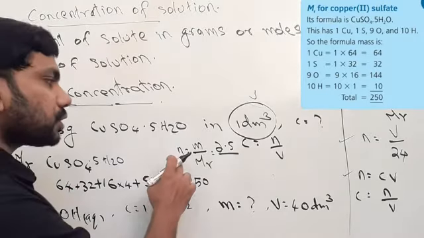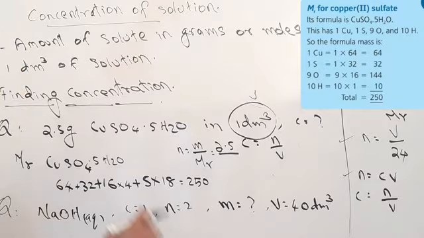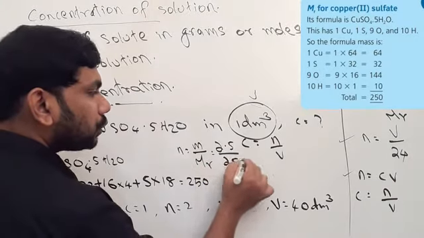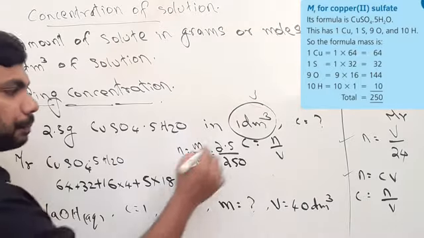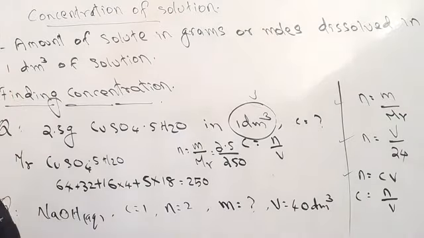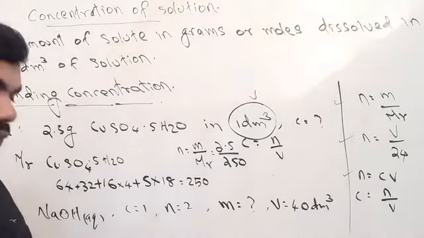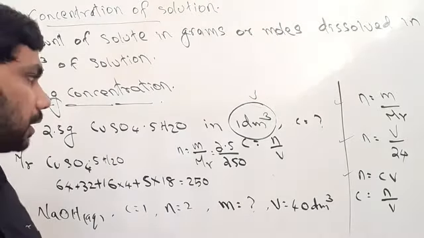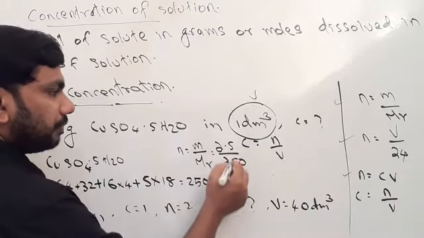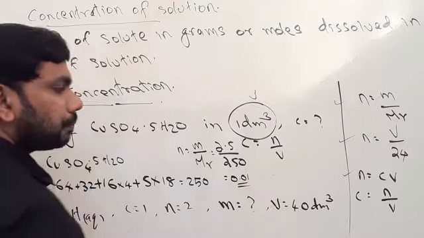So the number of moles of hydrated copper sulfate is 2.5 divided by 250, and this answer is 0.01. This is the number of moles.